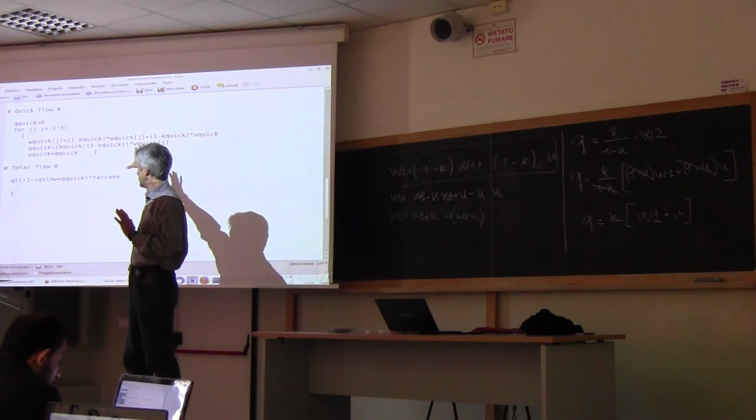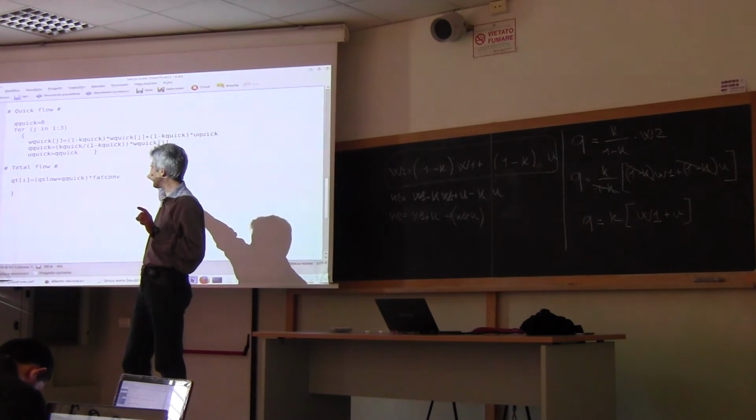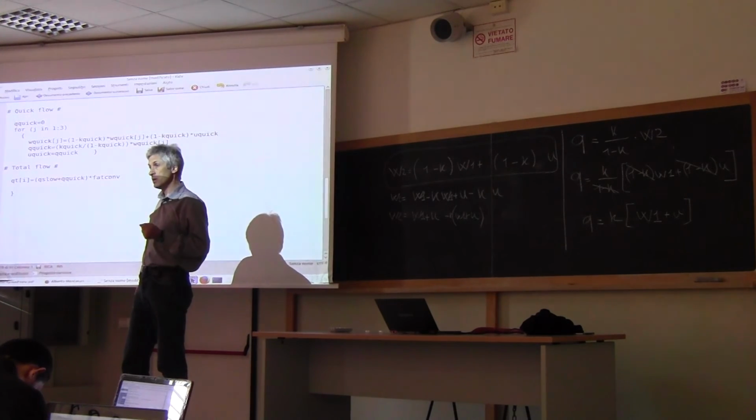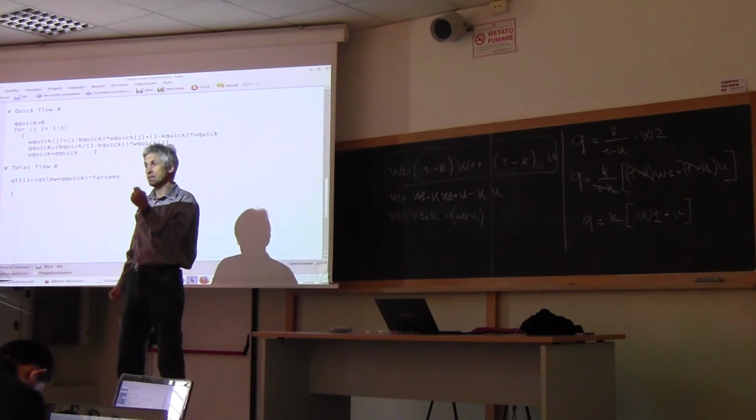And then, you know, here there is the same set of instructions that we used for the slow flow, with the difference that there is a cycle which repeats the instruction 3 times.